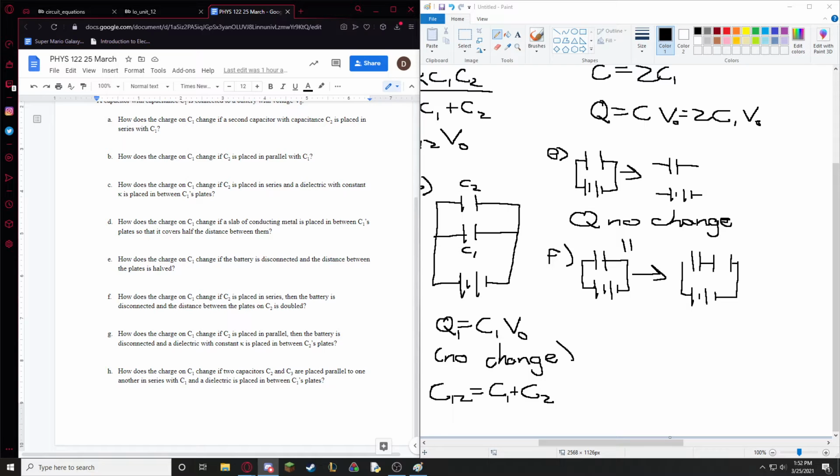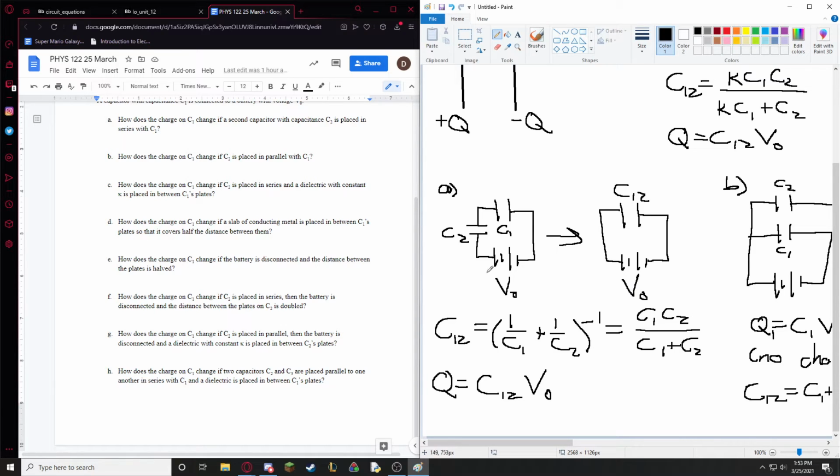How is the situation going to change here if we connect C2 in series? I think we'll have to first find the equivalent capacitance when you connect the second capacitor.